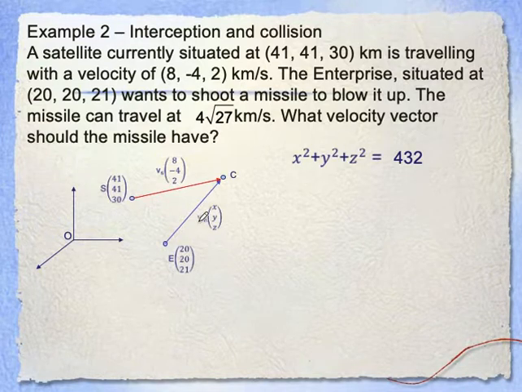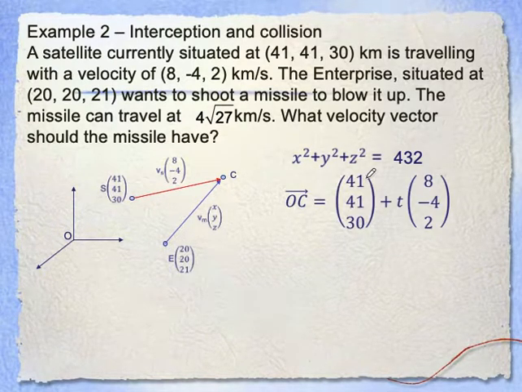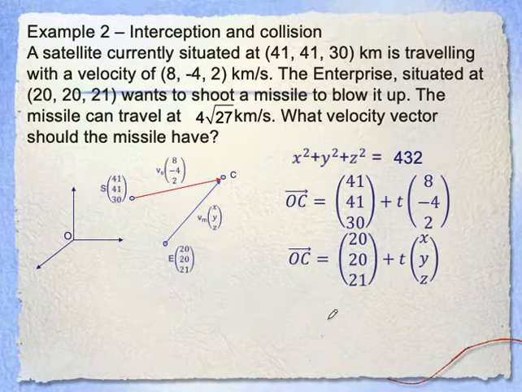Now we can define this point C using both S and some velocity here, and then E and some velocity here. So OC is that satellite position plus the velocity of the satellite for some value of t. We also know it's the Enterprise's position plus some velocity, x, y, z, and again these have to be the same because we're going for collision.